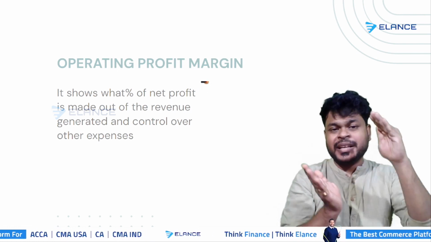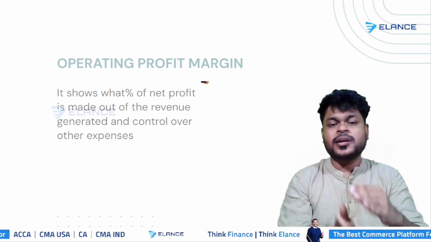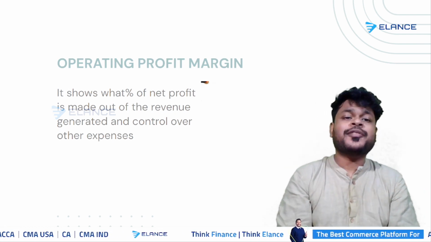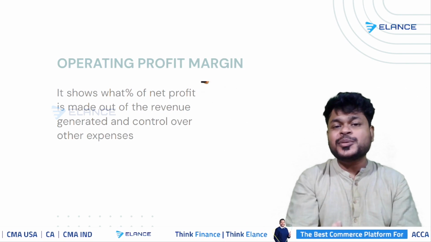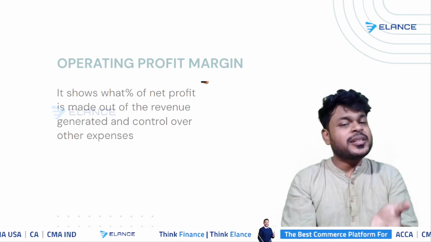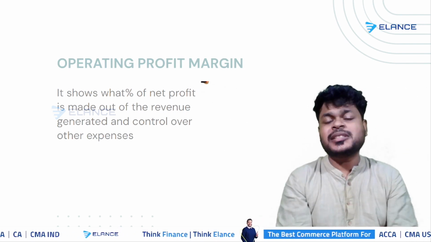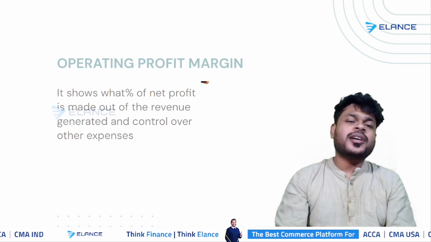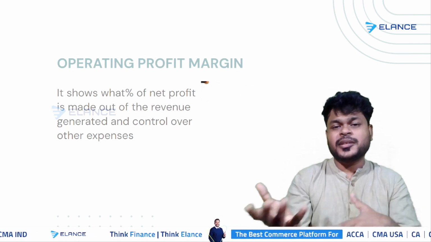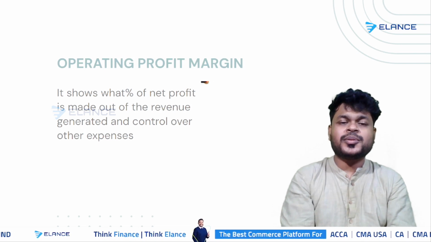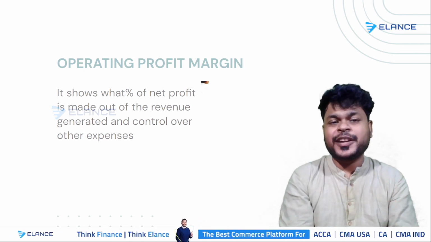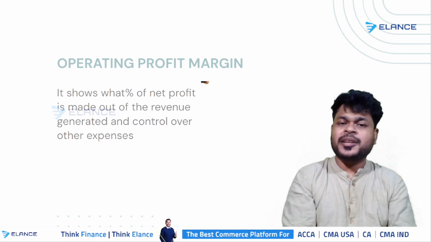So your operating expenses might look smaller, which shows that you have control, but in real case you don't have control. It was because of the profit from the sale of non-current asset, or profit from discontinued operations. All these things will affect your operating profit margin.